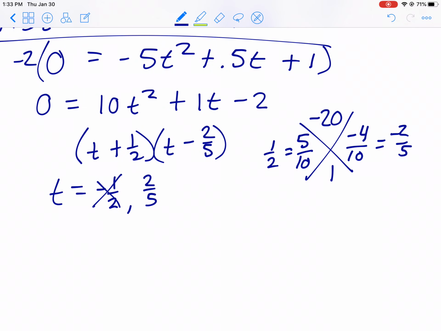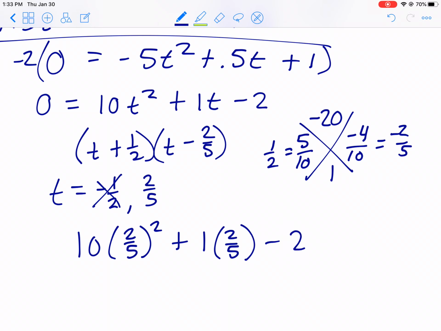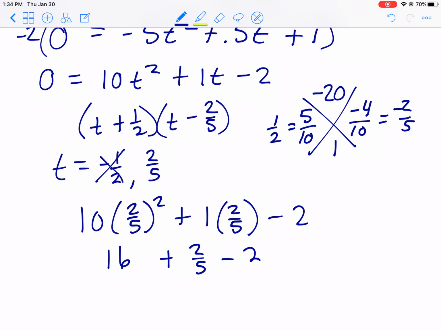And we'll just plug in 2/5 and see what we get. That's the same as 0.4, I think. So 4/25, that's 16, I think, plus 2/5 minus 2. Oh, it's 8/5, I was wrong.